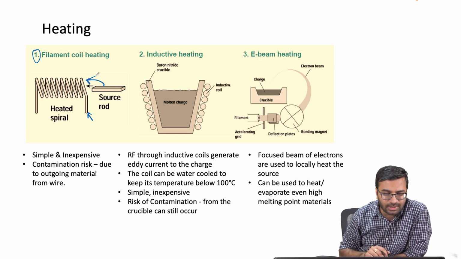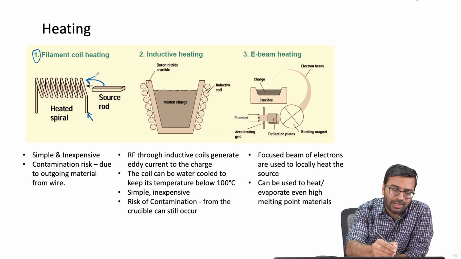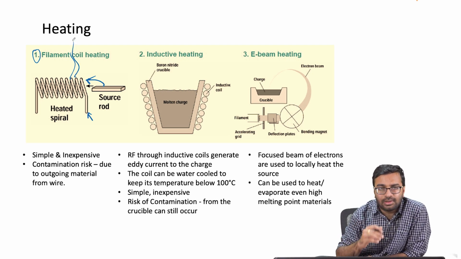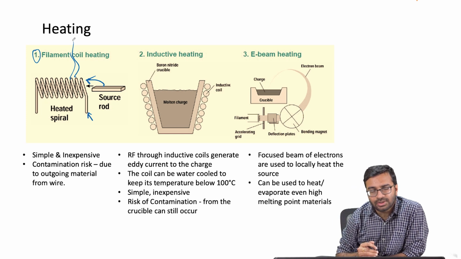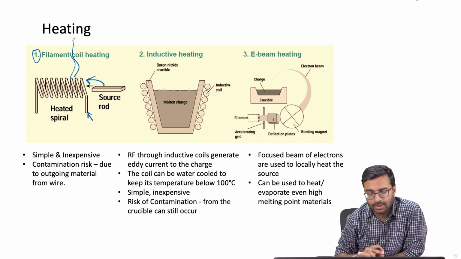But this process is simple and inexpensive, but the problem is if the heat is very high, you may find that the coil material is also getting evaporated and then getting deposited on top of the substrate. So, it may create certain sort of contamination. There is a risk of contamination.